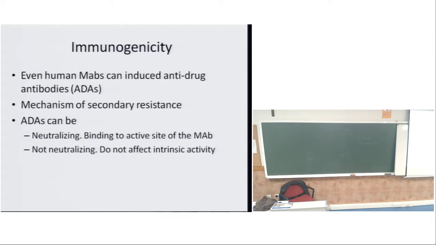So initially the patient responds, and then you find out that there is a lack of response due to the synthesis by the patient of antibody against this molecule. Because this is a protein, it's an immunoglobulin, and can be attacked by our own immune system. So these ADAs, these anti-drug antibodies, can be neutralizing or non-neutralizing.